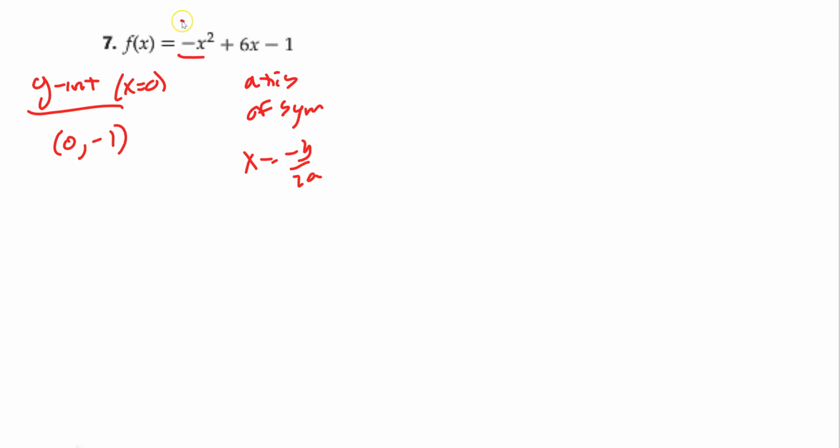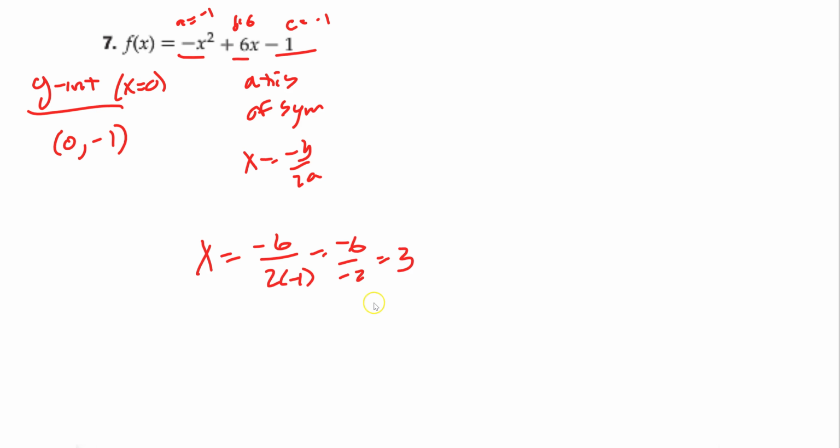My a here is negative 1, it's a coefficient. You never just put x, it's always just the coefficient. So it should be a number. Here b is 6. And then this is my c, negative 1. So I get x equals negative 6 over 2 times negative 1. Negative 6 over negative 2 is just 3. So my axis of symmetry is x equals 3.